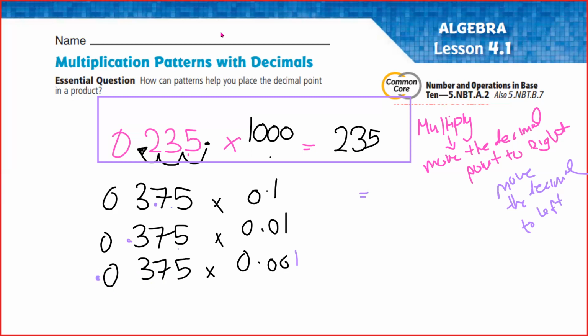So it's going to be here. So don't forget, when you multiply by powers of 10, you move the decimal point to the right. And when you multiply by the decimals 0.1, 0.01, or 0.001, you move the decimal point to the left.